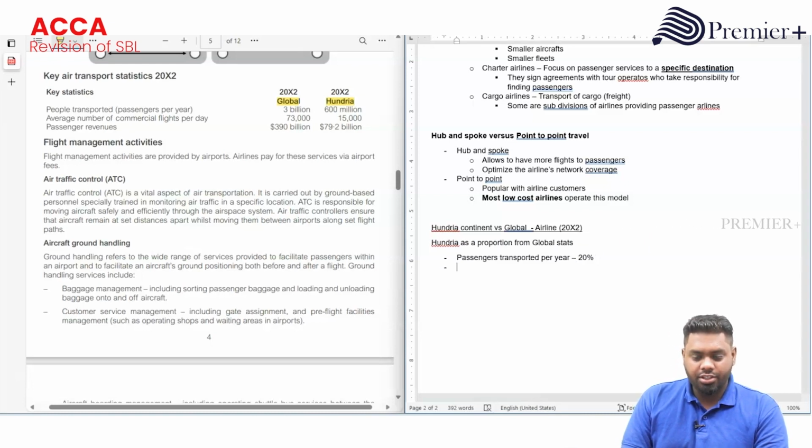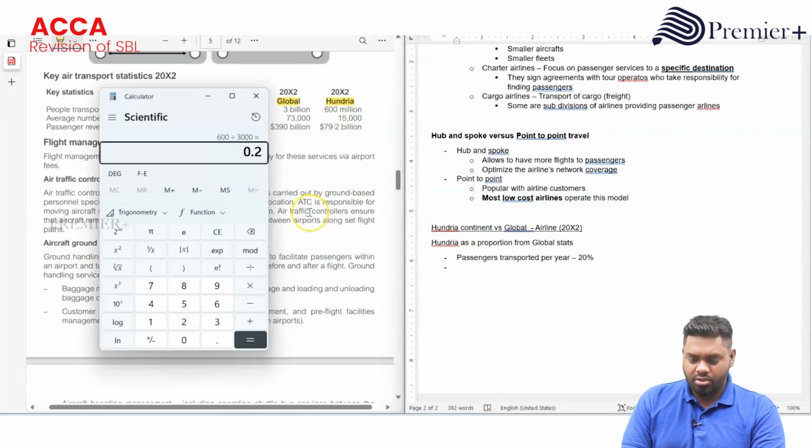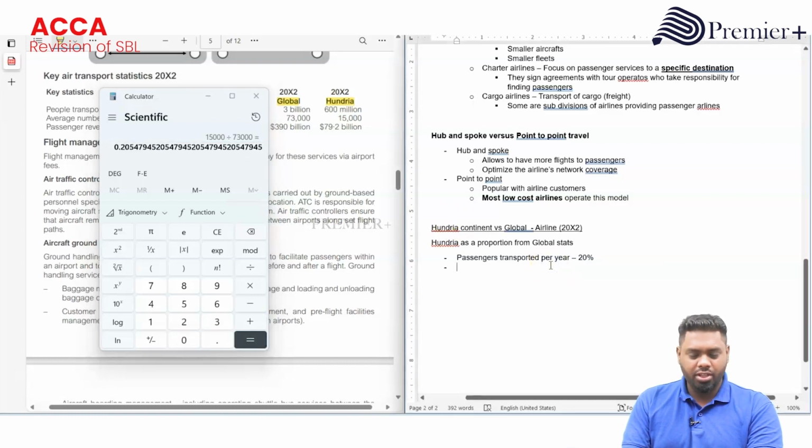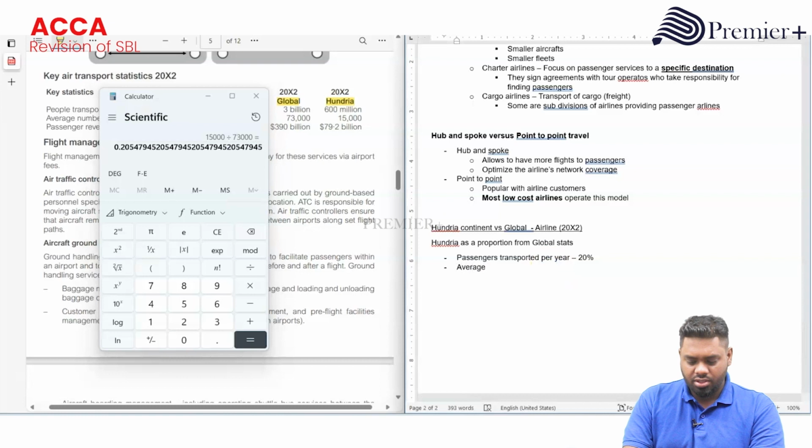Next, average number of commercial flights per day. This is 15,000 as a proportion of 73,000: 20.5%. It might not be helpful, but let's note it.